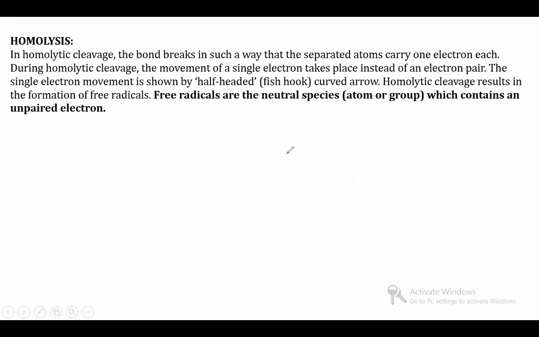If it is equal cleavage, the AB bond needs to be represented with a fishhook, a half-headed arrow, because the bond cleaves equally. So, half-headed arrow, or fishhook, or curved arrow.